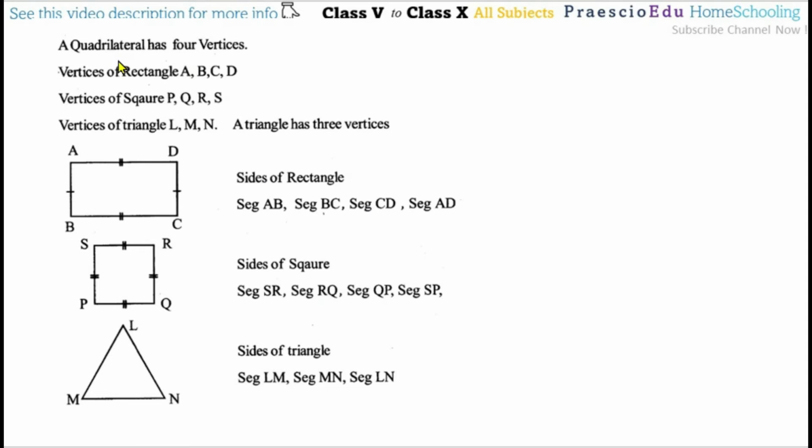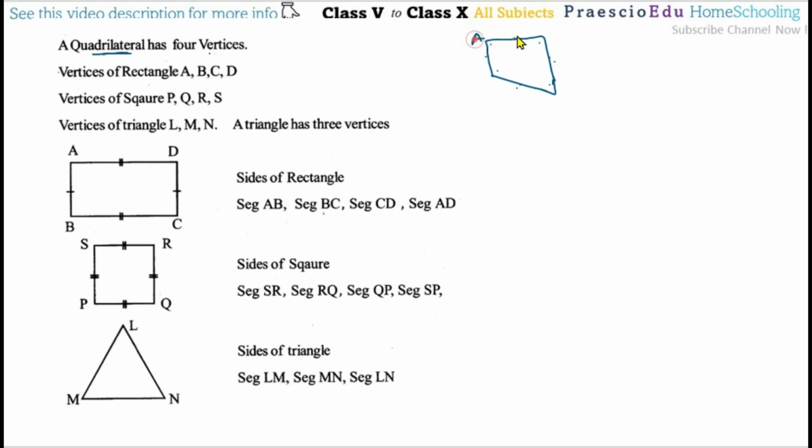Then a quadrilateral has four vertices. Now what exactly is a quadrilateral? A quadrilateral means any figure with four sides and four angles, but there are no relations between the side lengths or the angle measures. Maybe all four angles have different measurements and all four sides have different lengths.